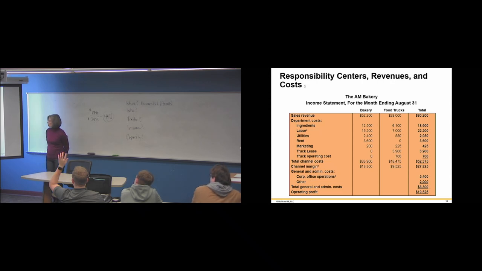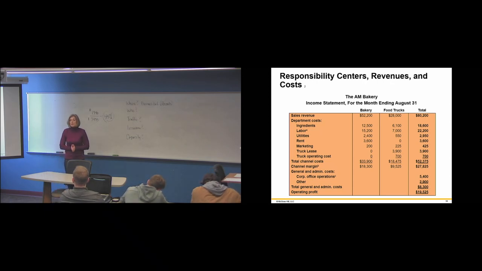Someone tell me why the office operations and other general administrative costs were not divided between the two channels. Okay, exactly. Those are what we call common costs. They're common to the entire organization. And here's what's important about common costs.